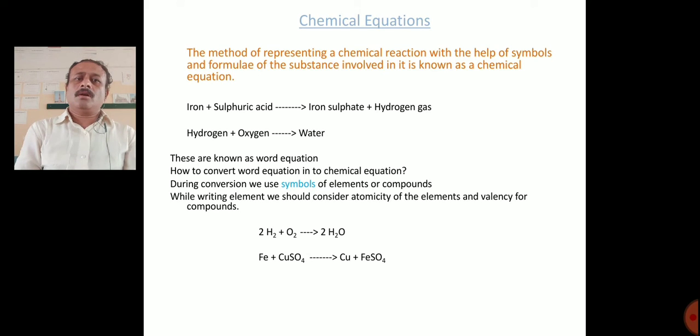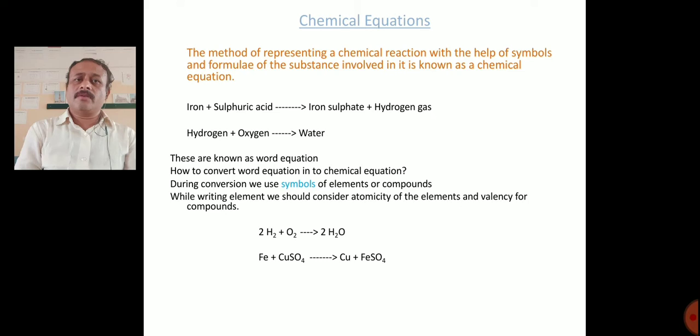So, how do we convert a word equation into a chemical equation? During the conversion, we use the symbols of the elements and the formulae for the compounds. That is very important.